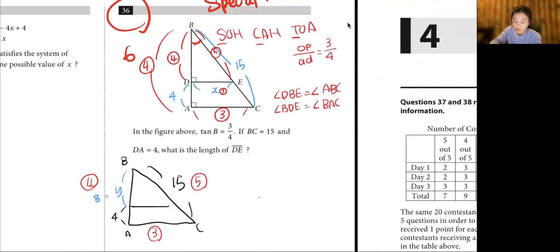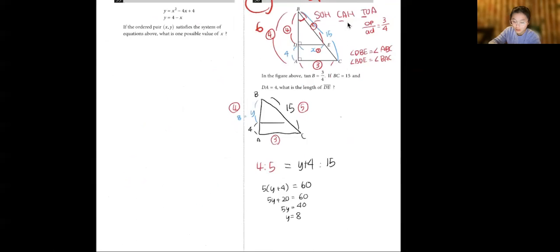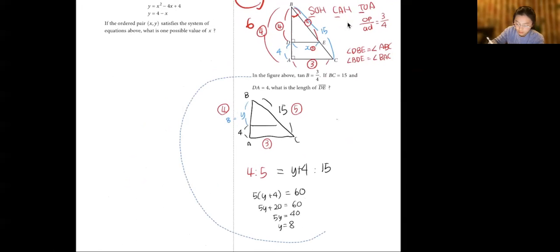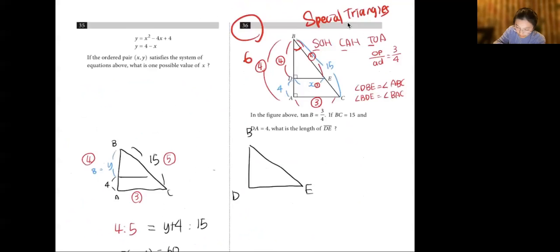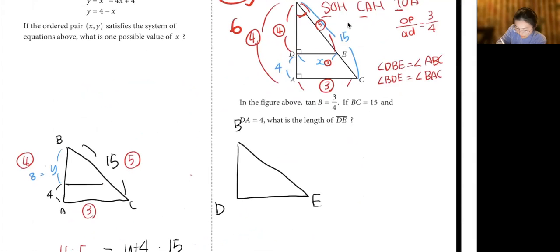Now we construct the same ratio, but with the smaller triangle. Let's zoom in a bit. That's B, that's D, and that's E. Same as last time, I'll write in what we know. We don't know DE, so it's going to be x.